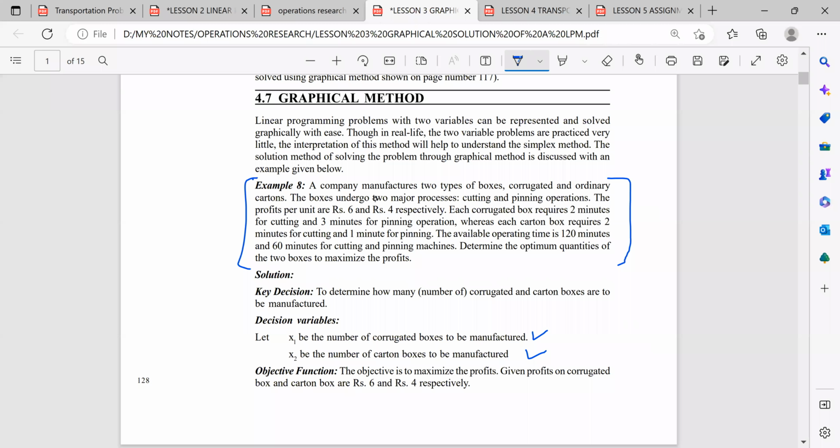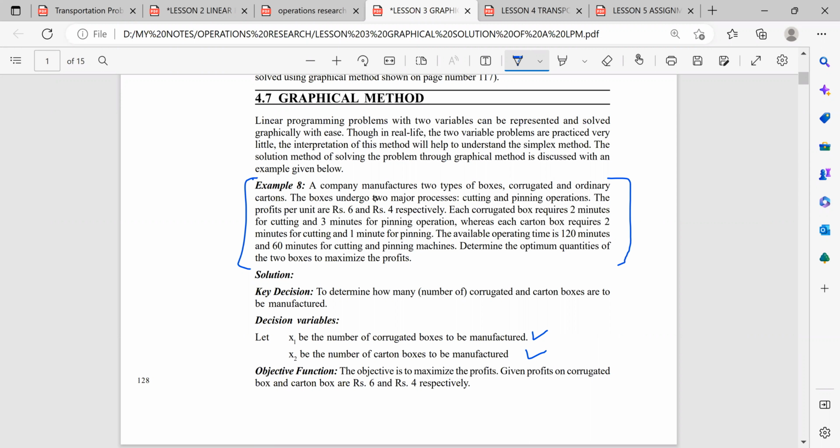Each corrugated box requires 2 minutes for cutting and 3 minutes for pinning, whereas each carton box requires 2 minutes for cutting and 1 minute for pinning. The available operating time is 120 minutes and 60 minutes for cutting and pinning machines, respectively. Determine the optimal quantities of the two boxes to maximize profits.